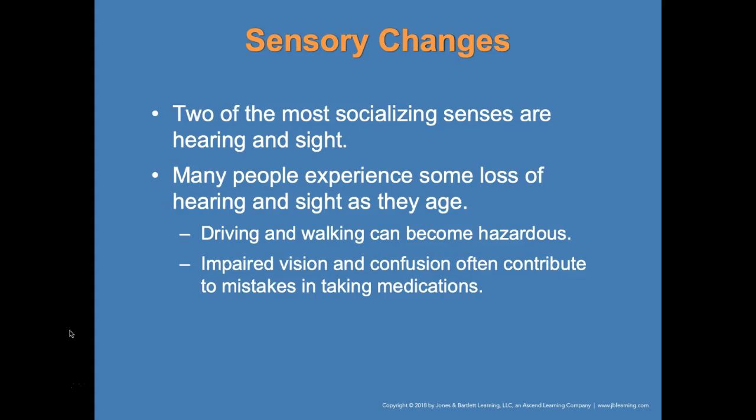Maybe they had some pain medication they were supposed to take, and they took too much. It's not that they were trying to, it's just that they weren't able to read the label correctly and might have taken too much. Or they forgot that they took a dose earlier and then took another dose right after it. So these are all things that we need to remember happen with these older patients.